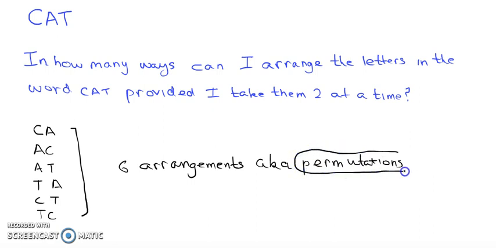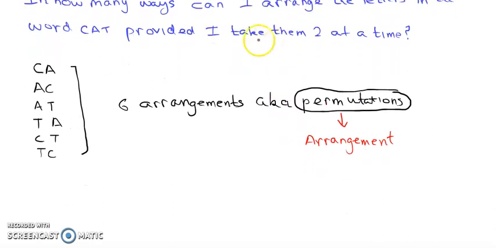Permutations is just another word for arrangement. We use a symbol. If you could guess, what would its symbol be? If you guessed P, it's right. So we use symbol P.